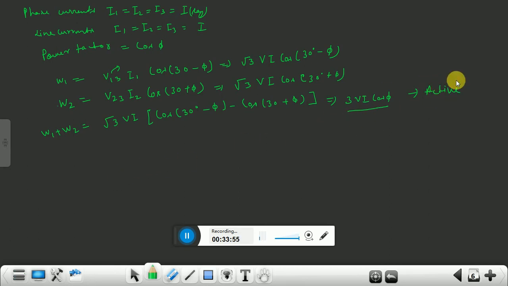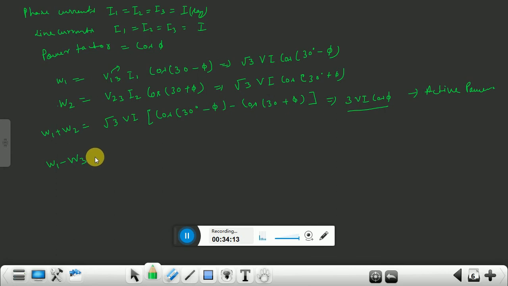Okay, next is take the difference between two wattmeter readings. So this is W1 minus W2.